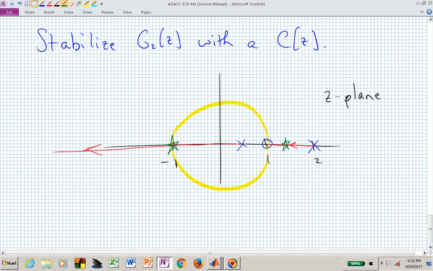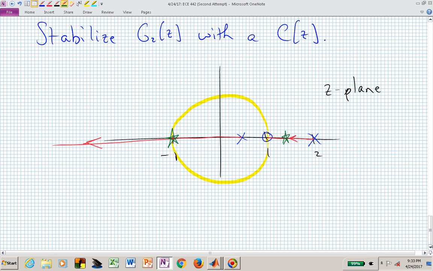And even if we made it to the unit circle, that pole would be canceled by that zero, but in fact, even if we had a pole on the unit circle, that's not good because we could then hit that with a constant input and cause the output response to go unbounded. So having a pole on the unit circle produces an unbounded response due to a bounded input.